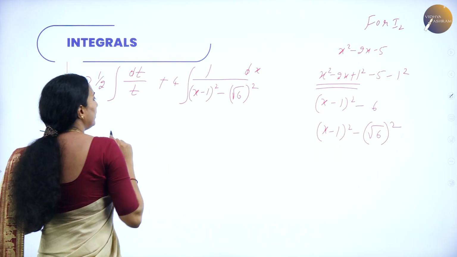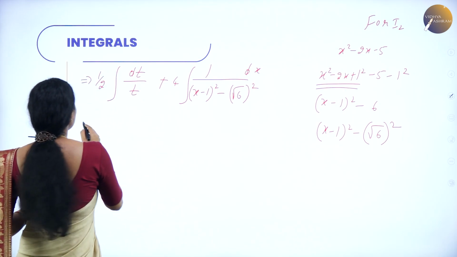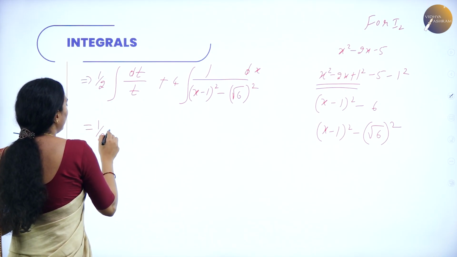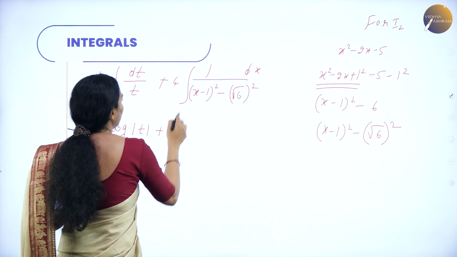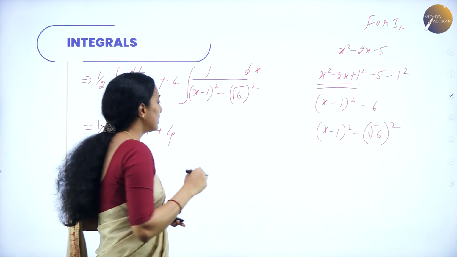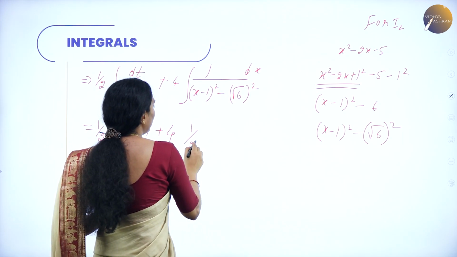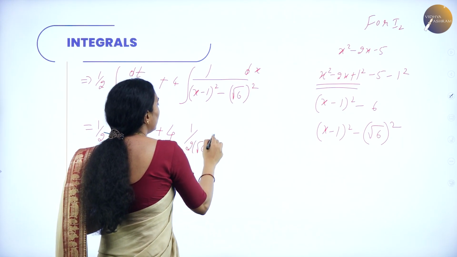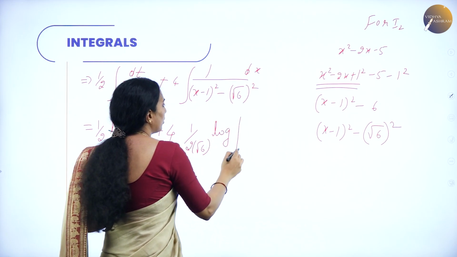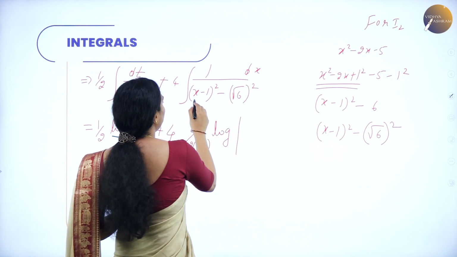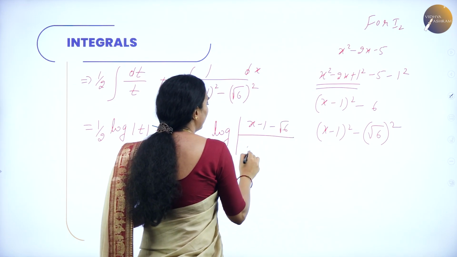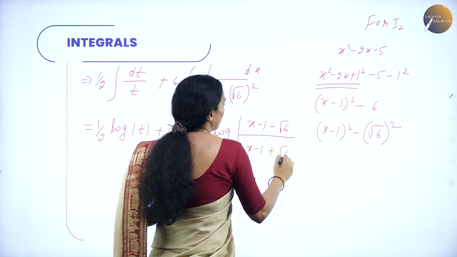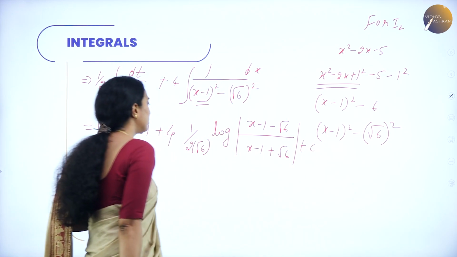Now 1 by t into dt is log t, which is log mod t. So 1 by 2 into log of modulus of t, plus 4 into 1 by x squared minus a squared is nothing but 1 by 2a, where a is root 6, into log of modulus of x minus a divided by x plus a, plus c, where x is replaced by x minus 1. I hope you understood this one.